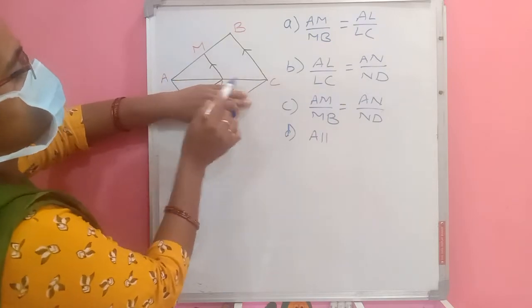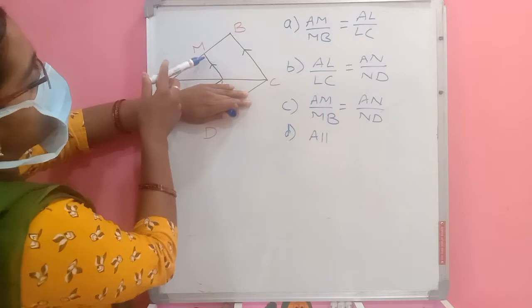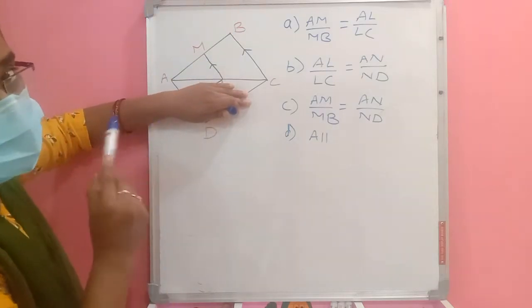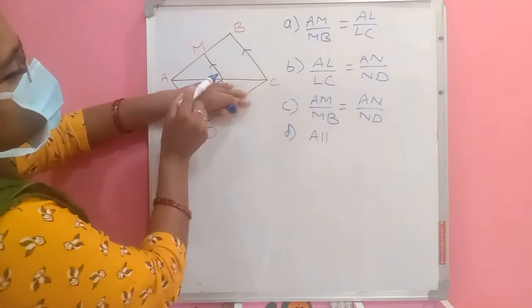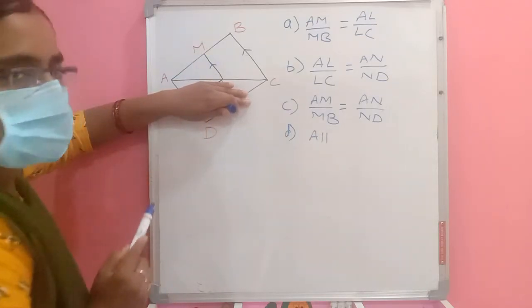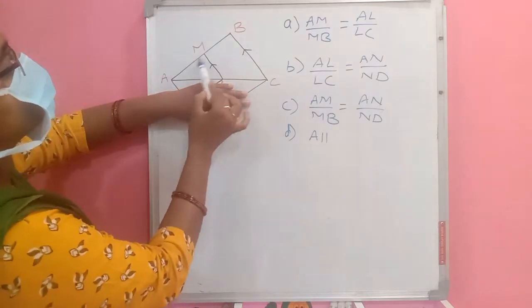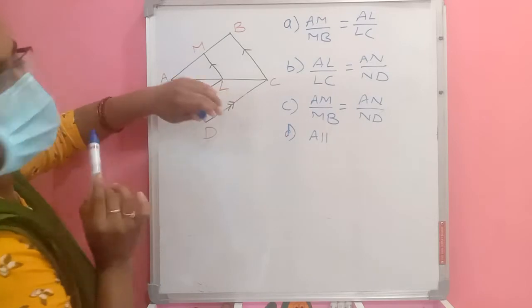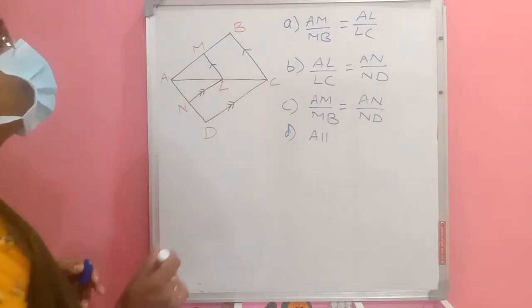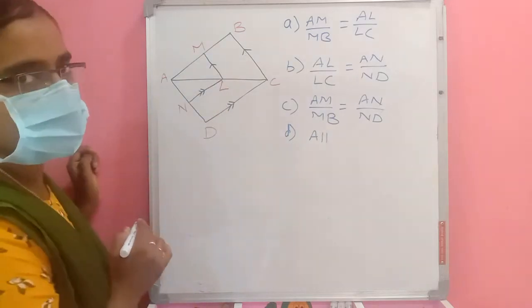Consider triangle ABC. In that triangle, this is the line. When they have given arrow marks, those two are parallel. We know that. So they have drawn a parallel line to one side BC, and it is intersecting two sides, AB at point M and AC at point L. Then we know that according to Thales theorem, these two divide into the same ratio.